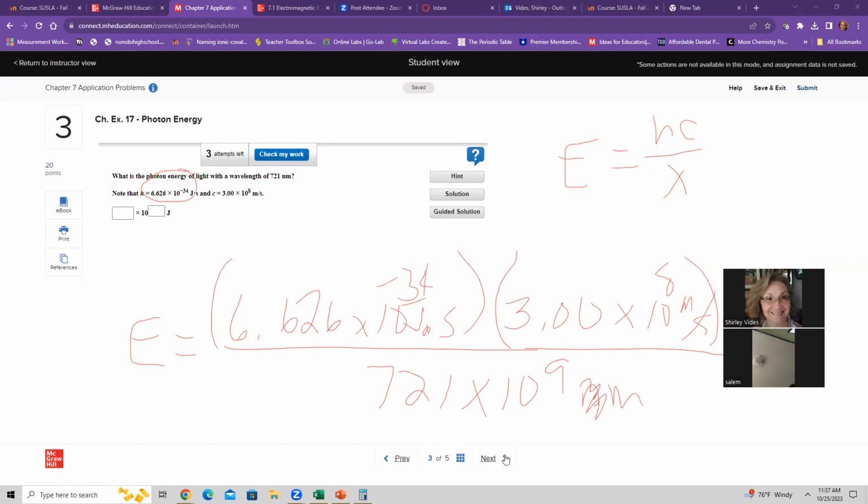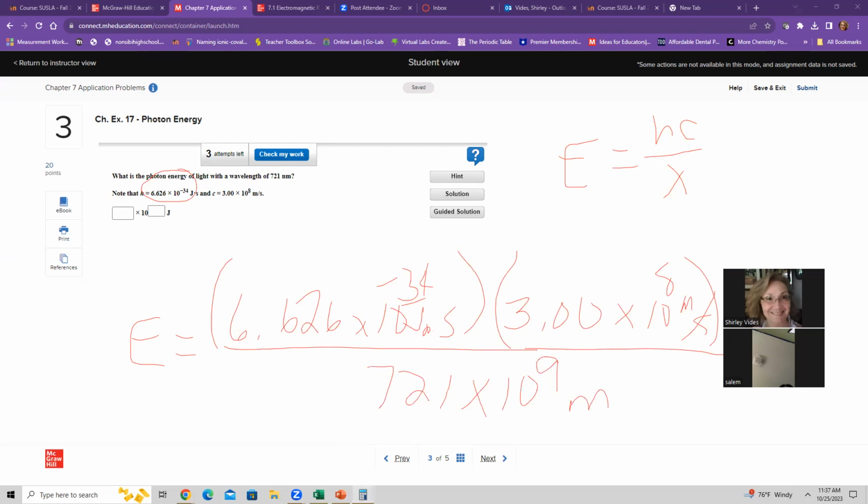We're in meters now. Okay, so now all we got to do is multiply and divide. We're going to worry about the exponents later. We're just going to multiply the numbers and divide them. So I need the calculator.